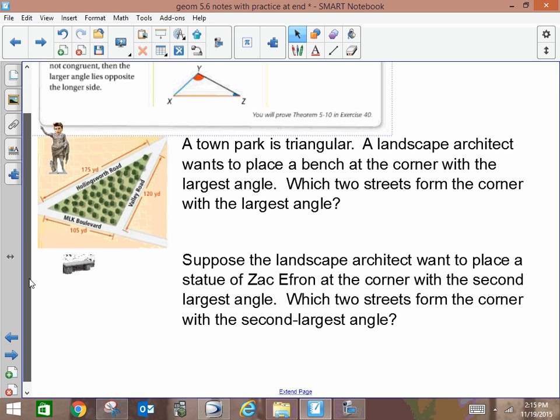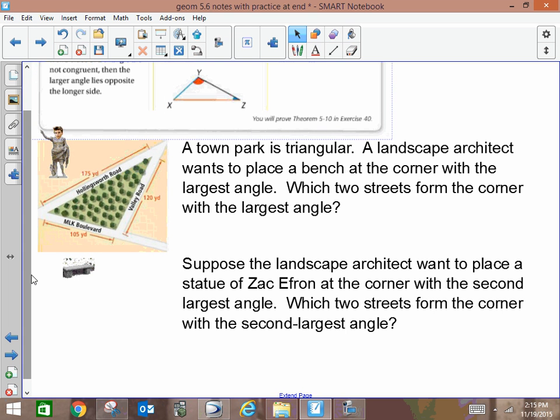All right, so we have a little triangular park in between Hollingsworth Road, Valley Road, and MLK Boulevard. A landscape architect wants to place a bench, here's your bench, at the corner with the largest angle. Which two streets form the corner with the largest angle? Where am I going to put the bench?